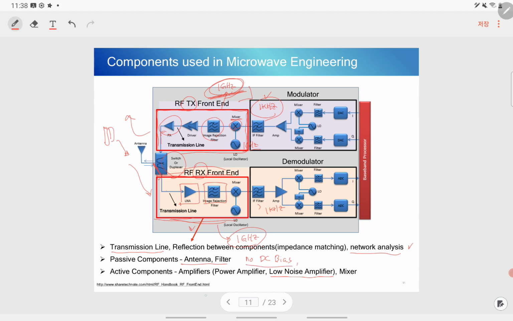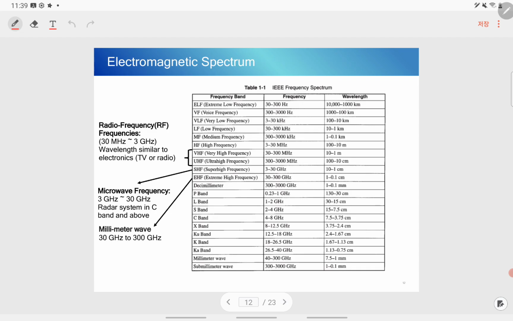Active components are basically the power amplifier on the transmitter side, the LNA, the low noise amplifier, on the receiver side, and the mixer, which also use transistors and diodes, so they need DC bias, right? These are the components we use in microwave engineering, and we design them in the cell phone circuit.